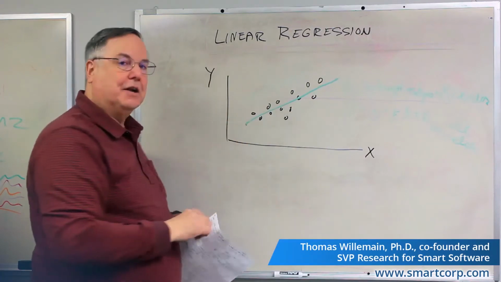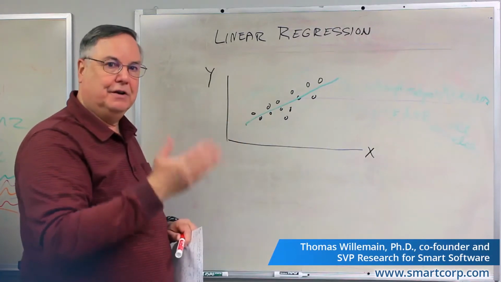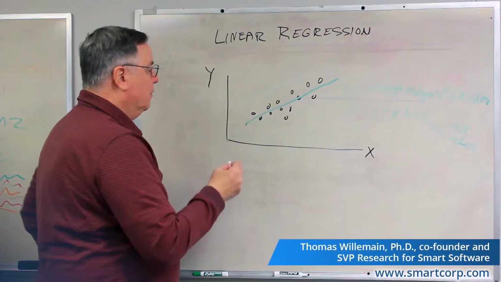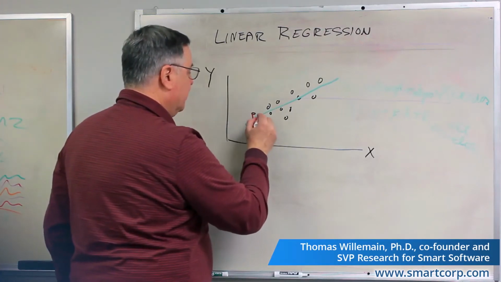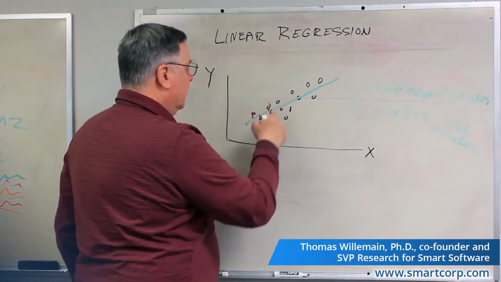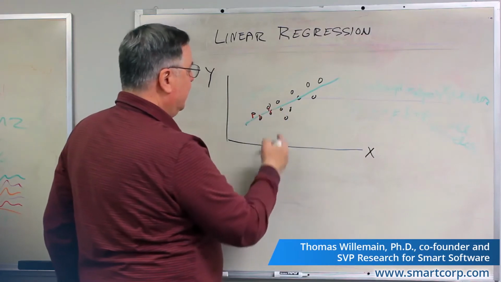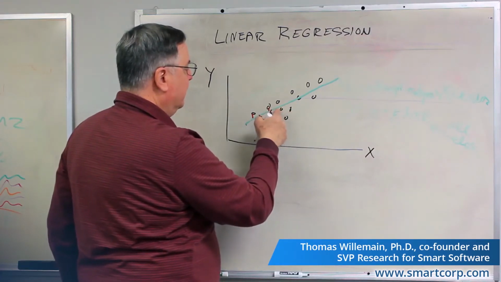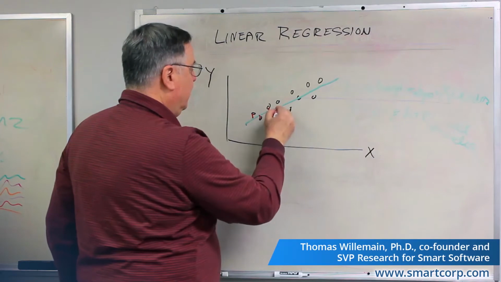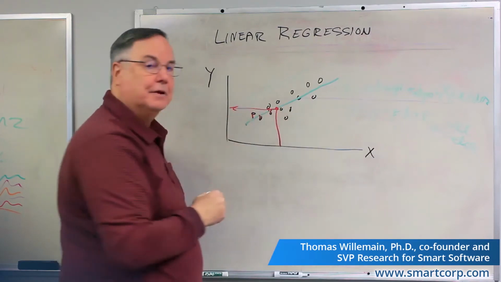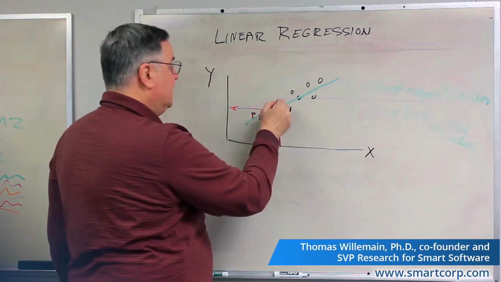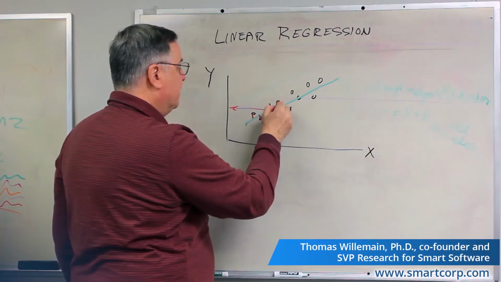Now, what makes that a good answer? A good intercept and a good slope? Well, it all depends on these errors that we make. At each point, for a given x, we're expecting y to be the value that's on the green line. In this case, it isn't, right? There's this gap.